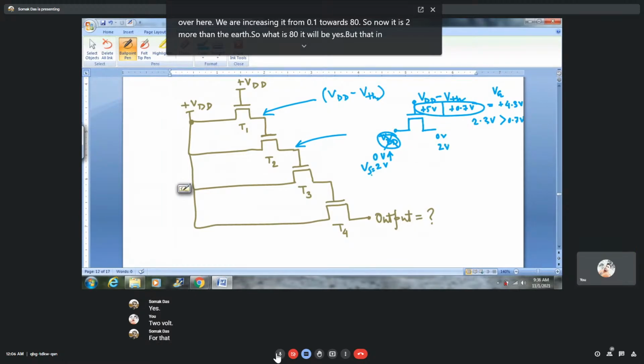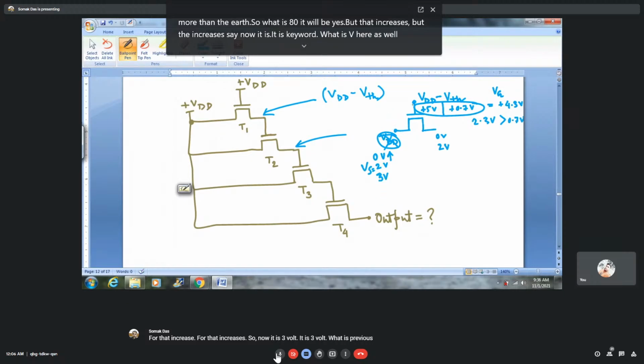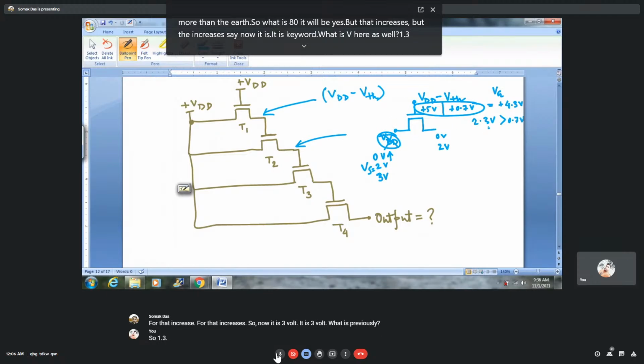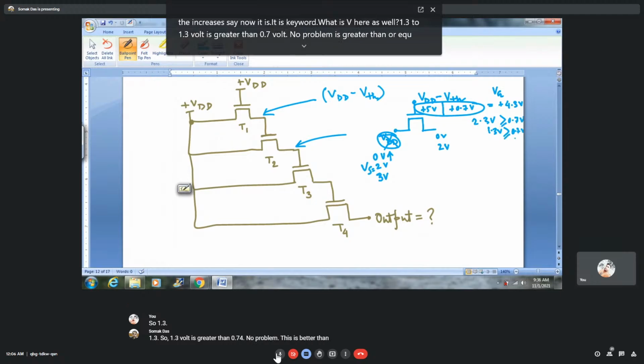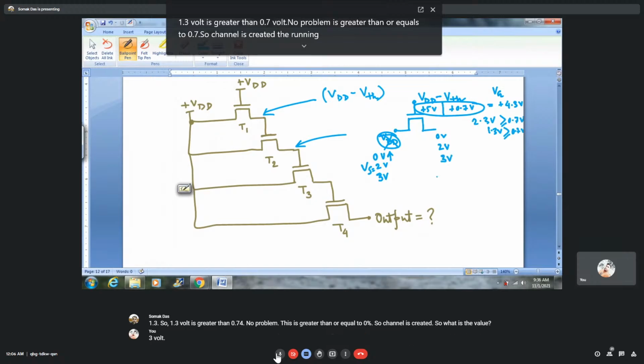Further increasing, say now it is 3 volt. If it is 3 volt, what is VGS value? 1.3 volt. So 1.3 volt is greater than or equal to 0.7 volt. No problem. So channel is created. So what is VD value? 3 volt.